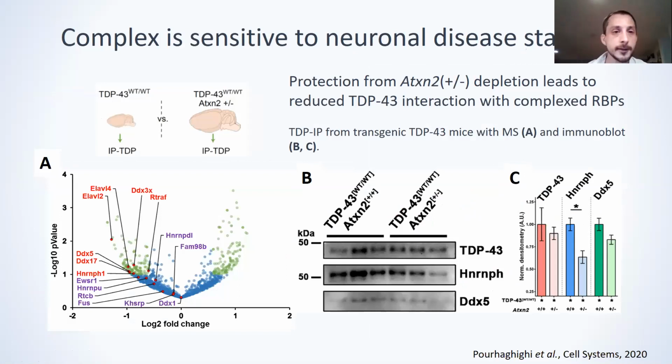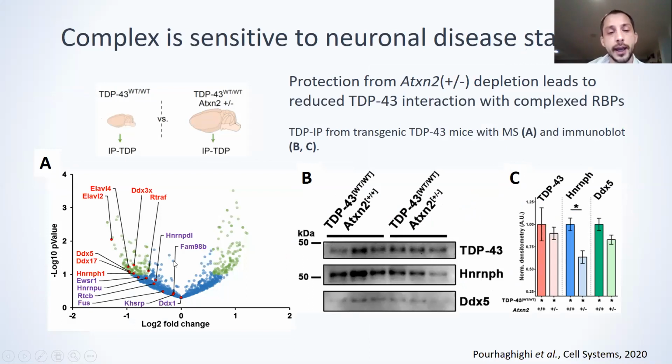And so what we wanted to do was explore how the complex of TDP and these other RNA binding proteins changes in a disease state. And we did this by doing TDP43 immunoprecipitation from either TDP transgenic mice or TDP transgenic mice that are protected by the depletion of ataxin-2.